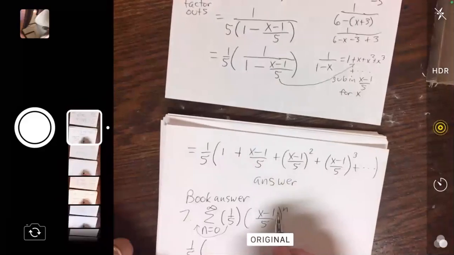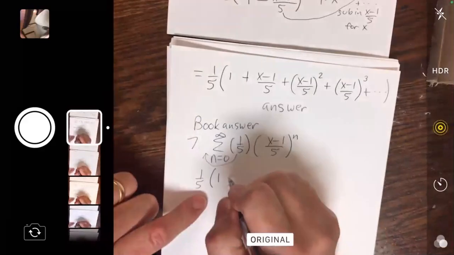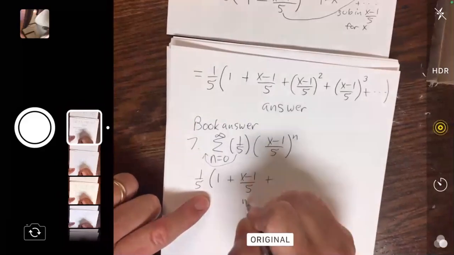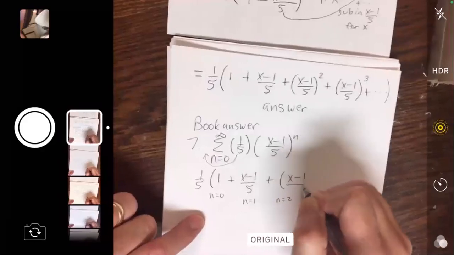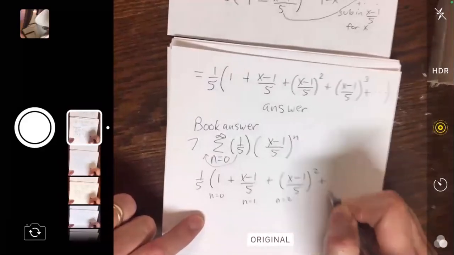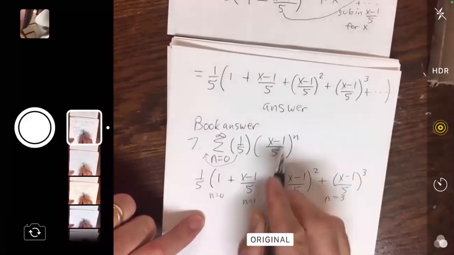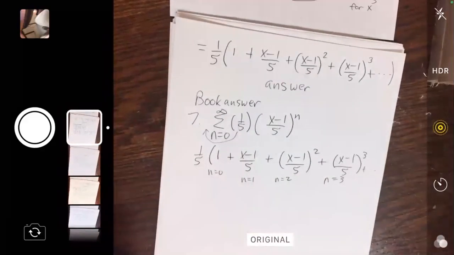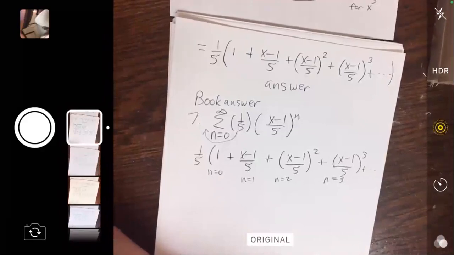If n is 0, all this to the 0 gives me 1. If n is 1, then I've got x minus 1 over 5. That's n equals 1, and this is n equals 0. n equals 2, and I'm at x minus 1 over 5 squared. n equals 3, I'm at x minus 1 over 5 cubed. And so on. Does that help? Yes, that helps. Thank you.